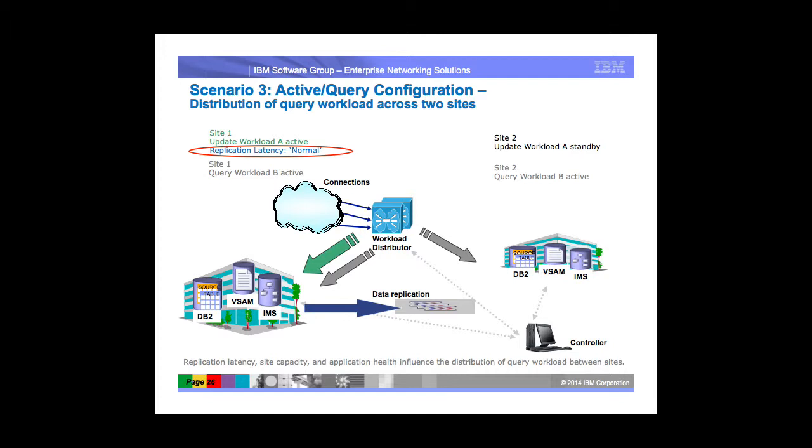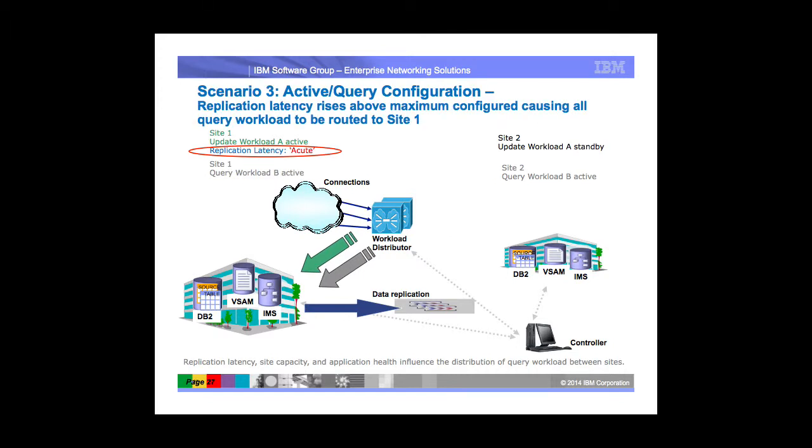So here we see a scenario on 26 where when the replication latency is normal, we're going to go ahead and route queries to both the primary and the secondary site based on load conditions. And as you see on 27, when that latency becomes acute, we cut the secondary site off, and we send all queries to the primary site to make sure that the data is accurate.